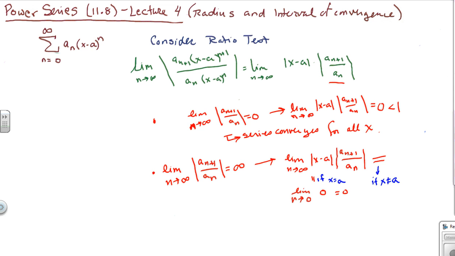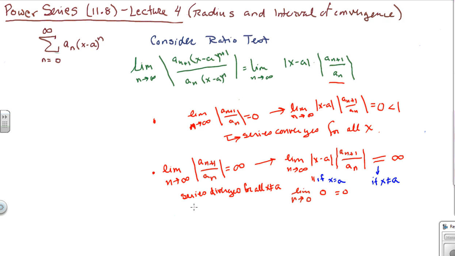However, if x is not equal to a, what's this limit look like? Well, this is some non-zero constant times this, which is going to infinity. This thing's going to go to infinity, which of course is bigger than 1. So in this case, the series diverges for all x not equal to a.